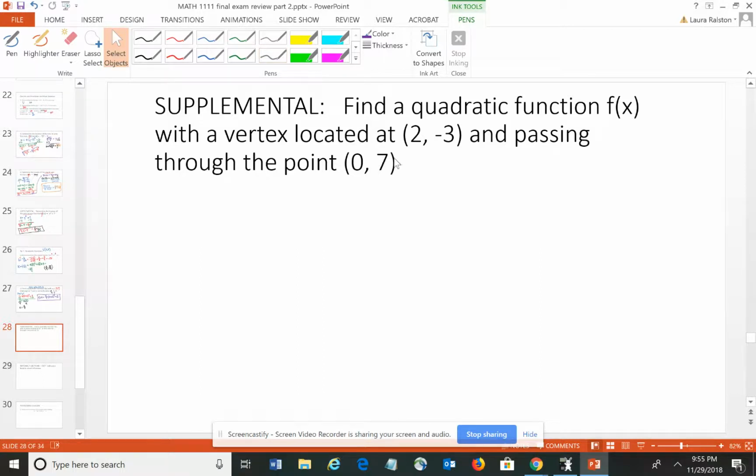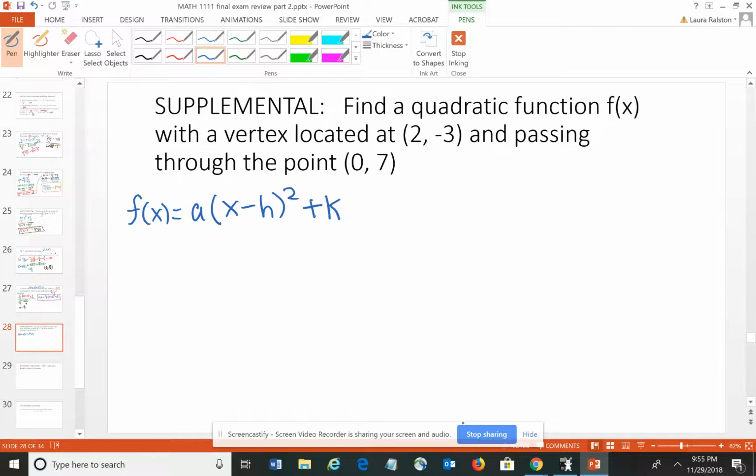Okay, so here's the supplemental question related to quadratic functions. Find a quadratic function f of x with a vertex located at 2, -3 and passing through the point 0, 7. So again, remember our equation has the form f of x equals a times x minus h squared plus k.